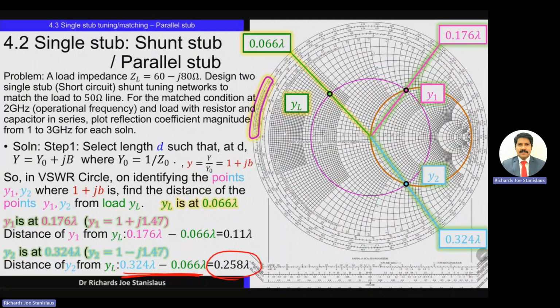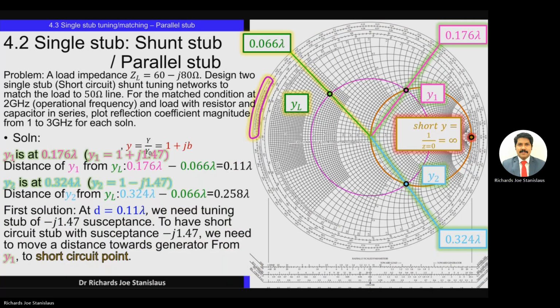And in the previous case, to reach Y1 we are moving a distance that is 0.176 lambda final value minus the load location, which is 0.066 lambda. We are getting a distance of 0.11 lambda. Right. So now at Y1 we have admittance as 1 plus j 1.47, and at Y2 we have 1 minus j 1.47. Right.